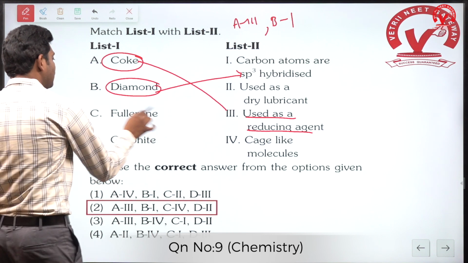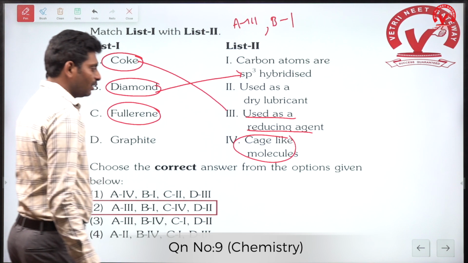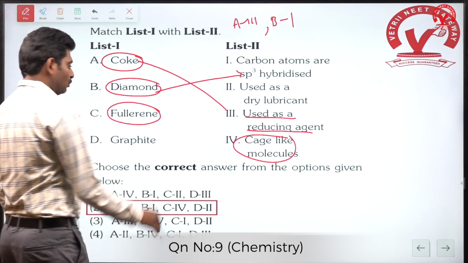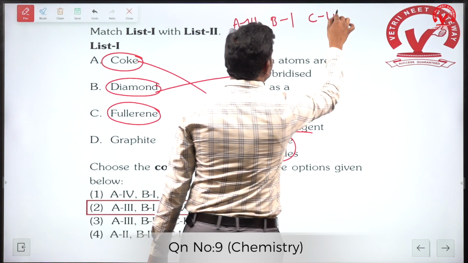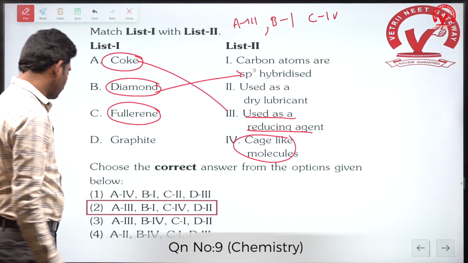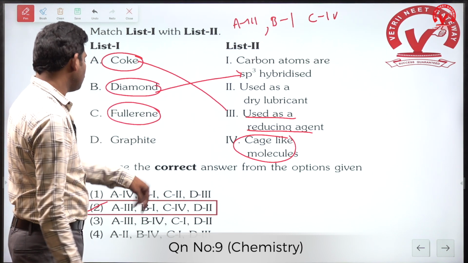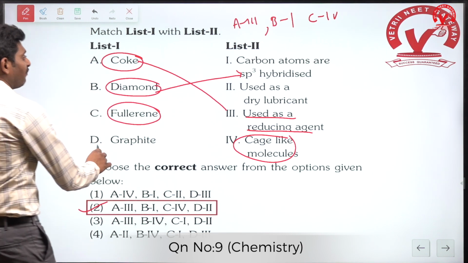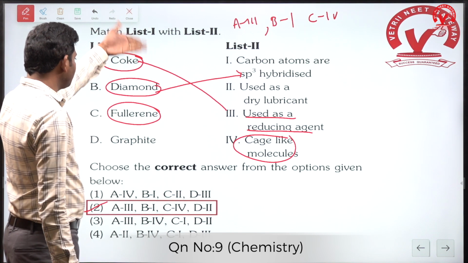Then fluorine, this one is a cage-like structure molecule. So C is 4. Yes, the second option is correct. So A is 3, B is 1, C is 4, and D is 2. Graphite is used as a dry lubricant. Easy question, direct question.